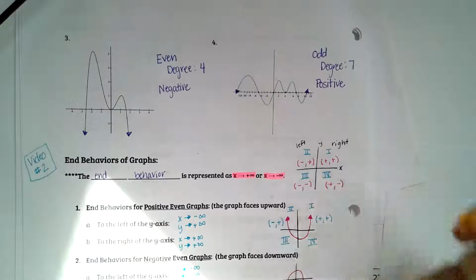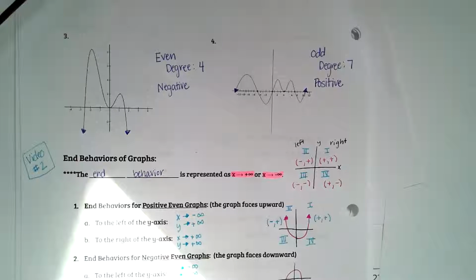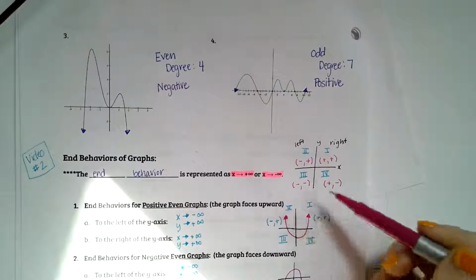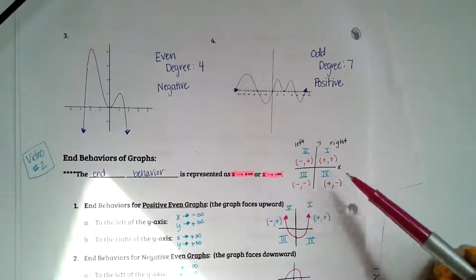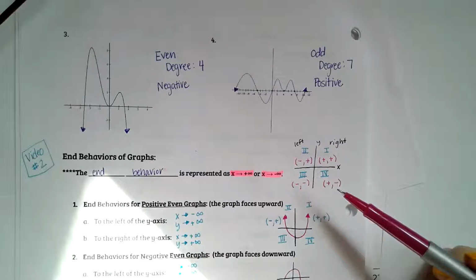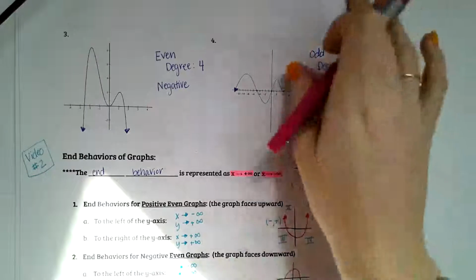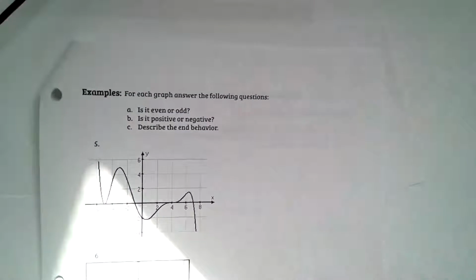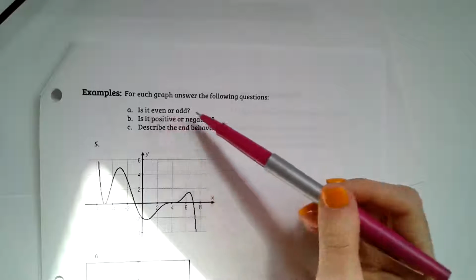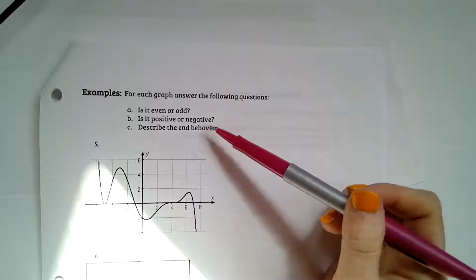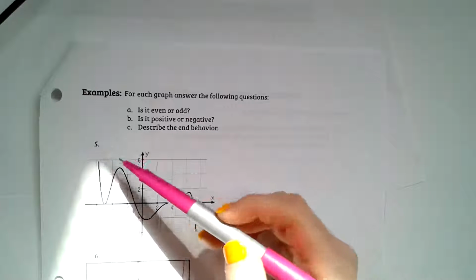So that could be your way of figuring out just a generic one. Just start to memorize this a little bit. Okay. So first we need to figure out, is it even or odd, and then is it positive or negative?